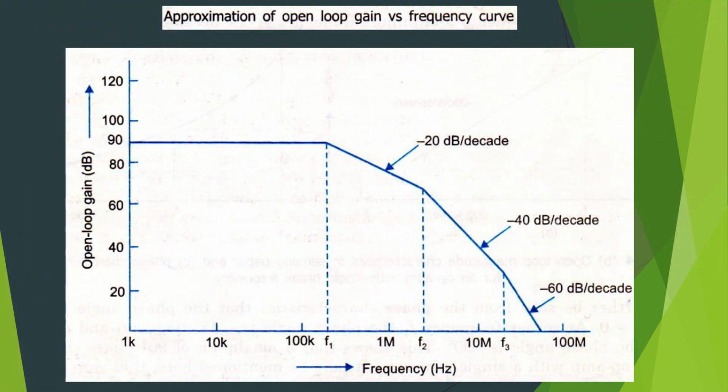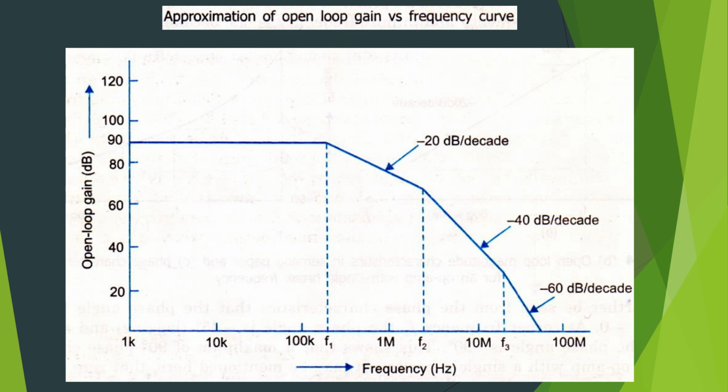So this diagram is the approximation of open loop gain versus frequency curve. On the x-axis we have taken the frequency and the y-axis represents the open loop gain.